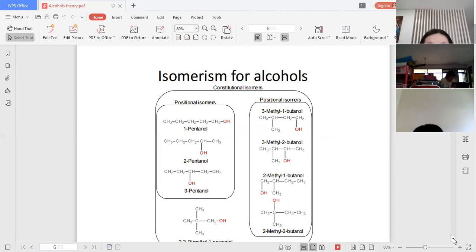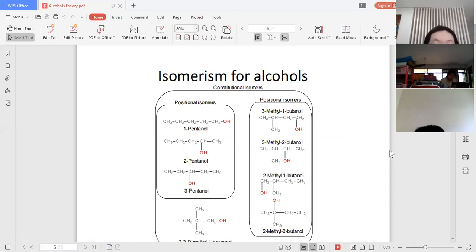The functional group isomer of alcohol is an ether. And alcohol can also undergo stereoisomerism. The stereoisomerism it could have is only the optical isomer. It does not have geometrical isomerism.